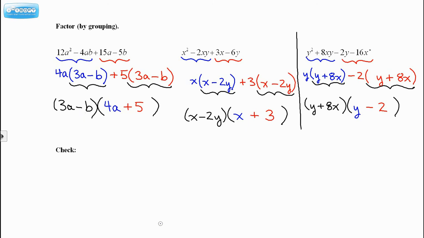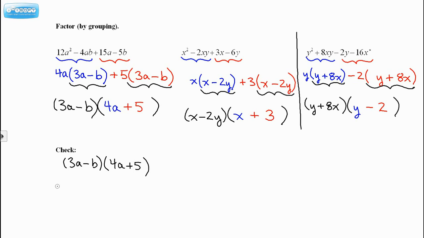When you multiply two binomials, the quick trick is FOIL: first, outside, inside, last, which is just a special case of the distributive law. So that's what I'm going to do. Keep that in black. So I get 3a minus b and 4a plus 5. And I'm not going to draw the little arrows or the rainbows. I'm just going to do it straight.